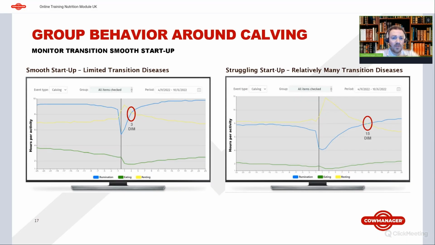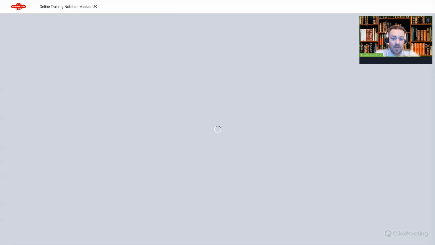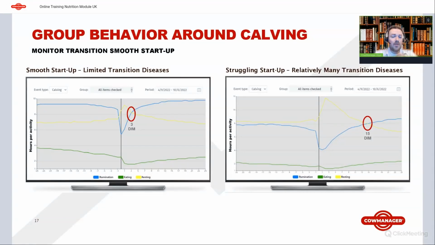So, second moment is the moment around calving. Here on the left, again, a perfect example of what we want to see. That intersection occurs on day 2, day 3, here on day 3. And we see that on those farms, they will have less transition disease, because remember what I mentioned earlier, even when the dry period is managed perfectly, cows can still get sick after calving.